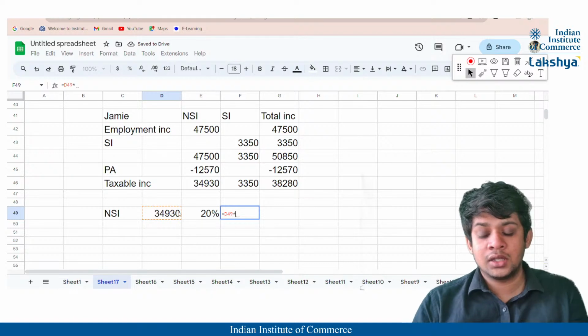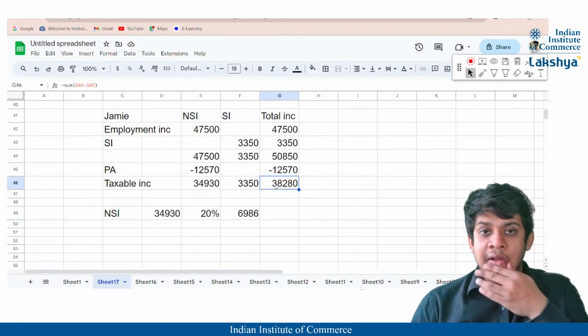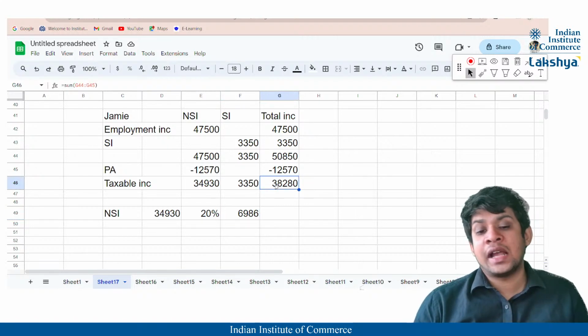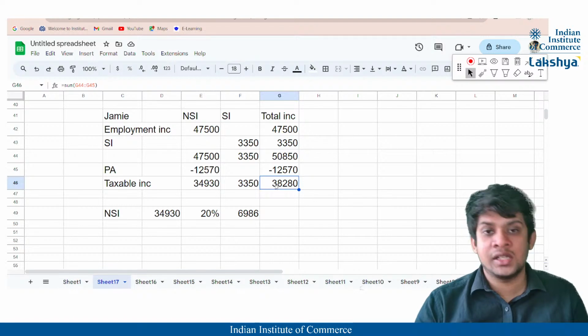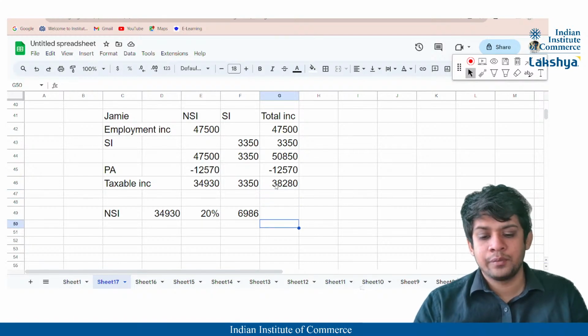That will be 34,930 into 20% tax, which is going to give me 6,986. Now guys, always remember here, I am not a basic rate taxpayer because my income is exceeding 37,700. That means I'm a higher rate taxpayer. My limit is 37,700. If I exceed that, I will be considered as a higher rate taxpayer. And here it is 38,280. That means I'm a higher rate taxpayer.